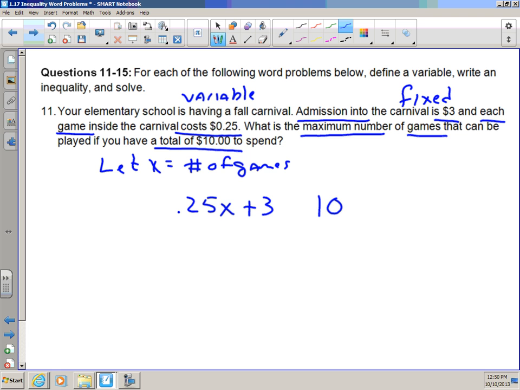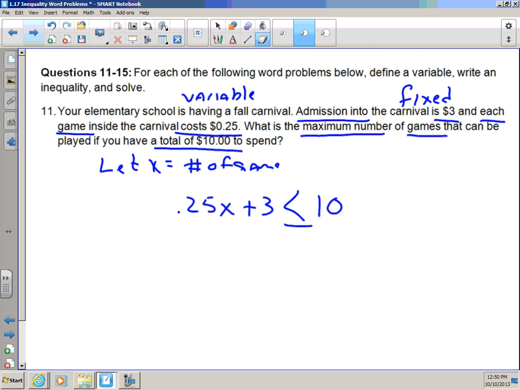So can I go over $10? No. So $10 is the most I can go to, so the amount on the left side has to be at least 10 or anything less than it. Okay? So here's what I'm spending on the left side here, and I can't go over the $10.